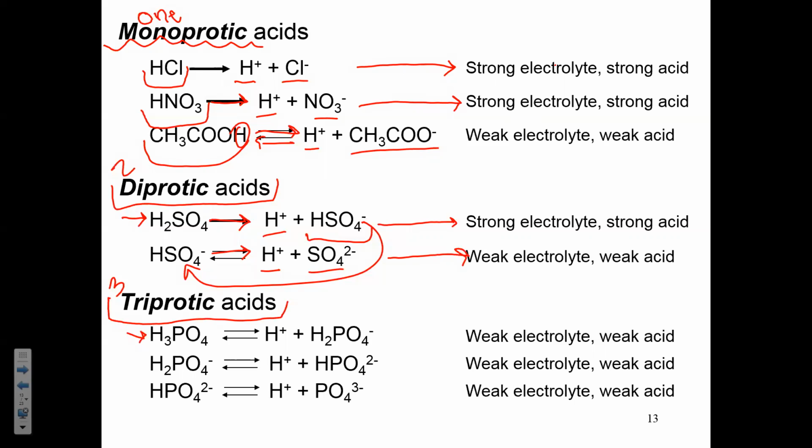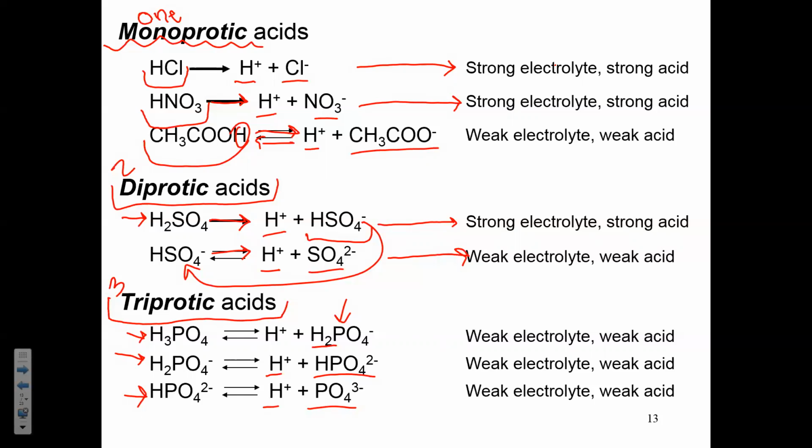We break it down once and we end up with 2 hydrogens in that compound. We use that as our new starter compound, H2PO4 negative, and we yield an extra loss of hydrogen and HPO4 2 negative. HPO4 2 negative breaks down into H and PO4.